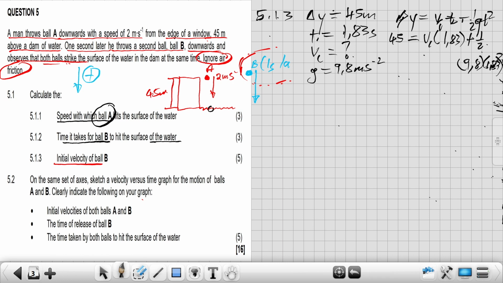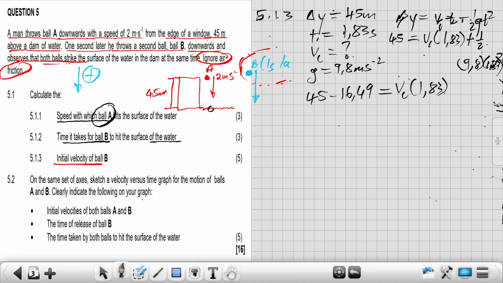Then when I do the mathematics, I find that I'm going to have something like 45 minus 16.49, which equals V initial into 1.83 seconds.